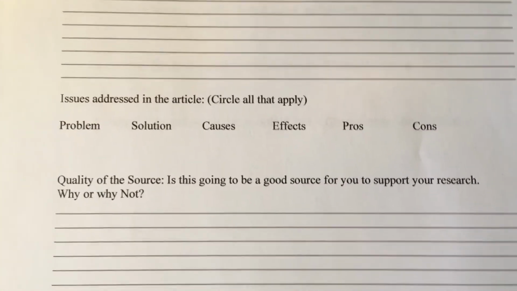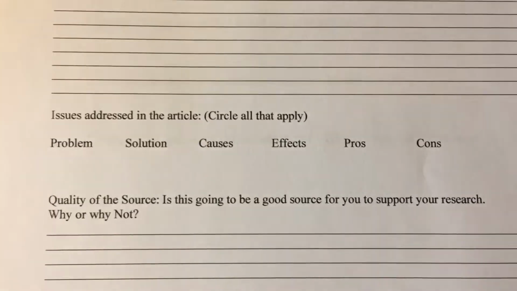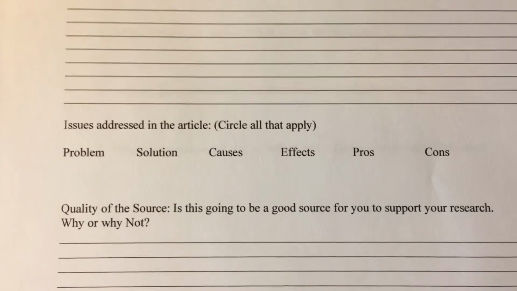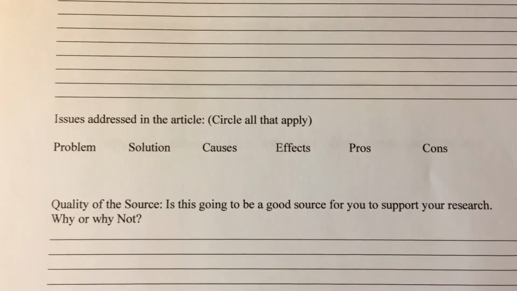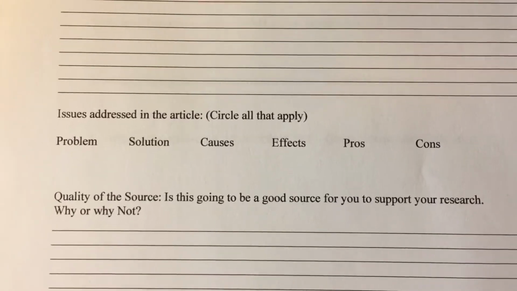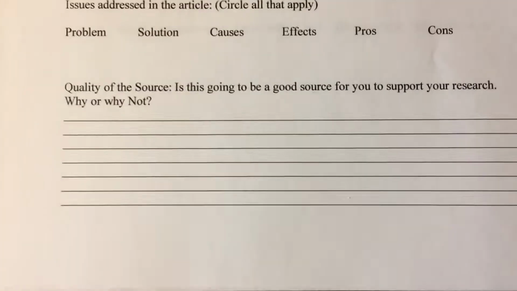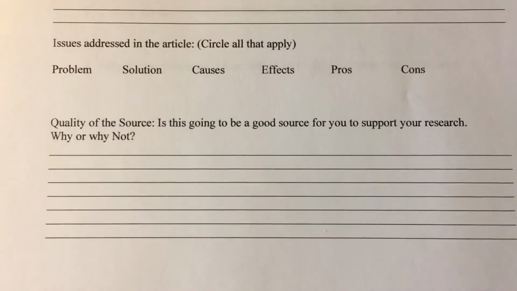Now on my graphic organizers, I've also included this section, where you can answer the question: what were the issues that were addressed in this article? Did this article help you understand the problem? Did it help you understand the solutions? Did this article give you causes and effects, or was it the pros and the cons? And at the bottom, just like before, I even have a spot for you guys to evaluate the quality of the source.